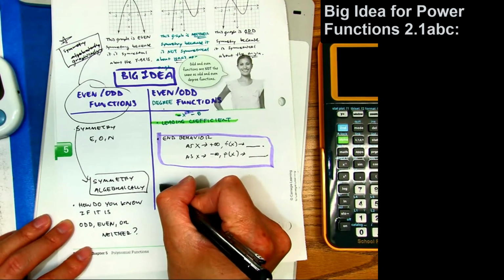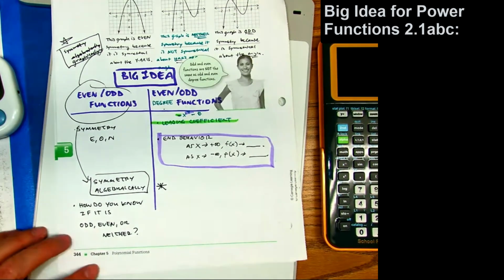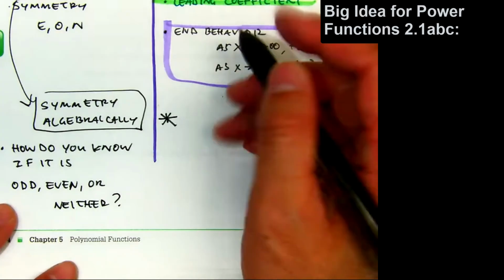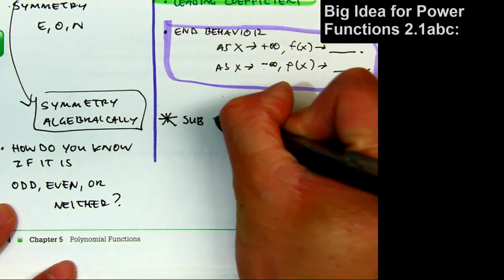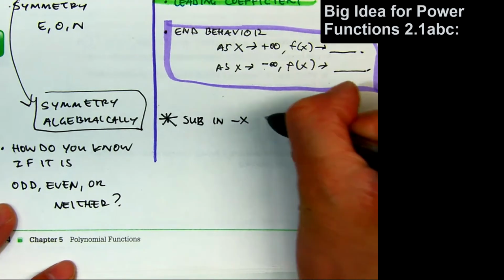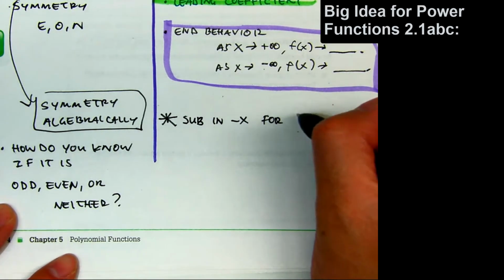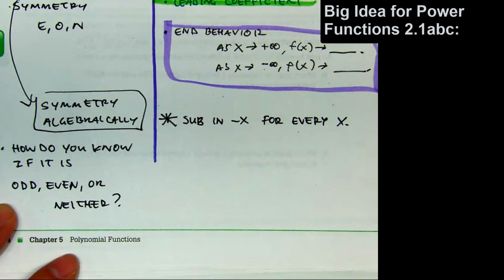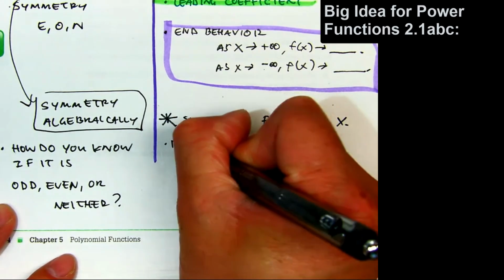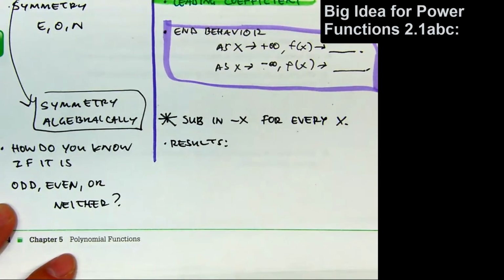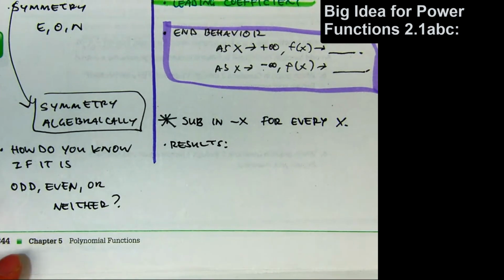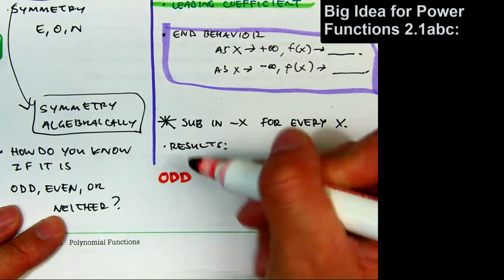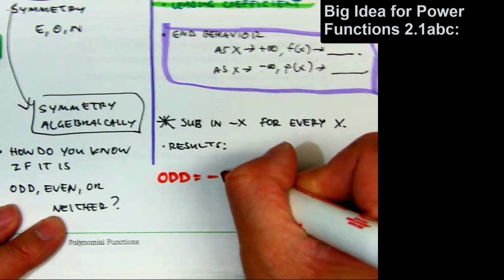And the answer is you're going to sub in negative x for every x. And then if you look at your results, it's going to be an odd if your answer is the opposite of your original.